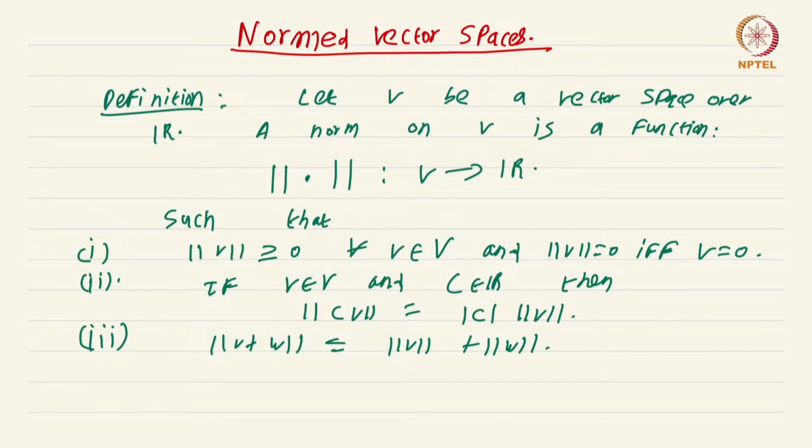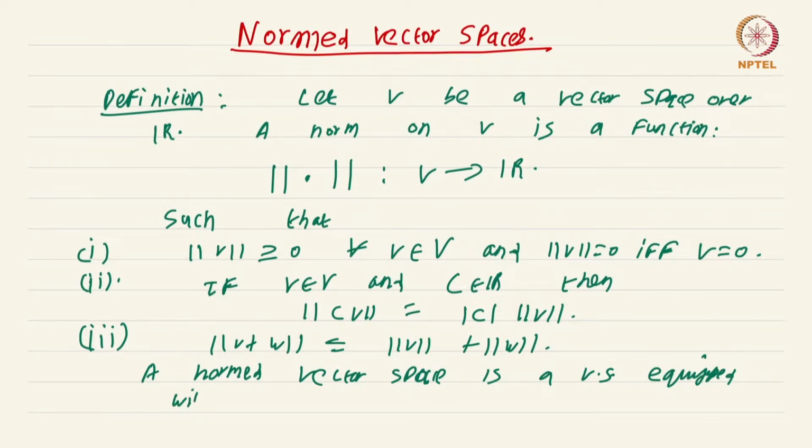Okay, a normed vector space is a vector space equipped with a norm. Let me just remark that many people call vector spaces linear spaces, and normed vector spaces will be called normed linear spaces.